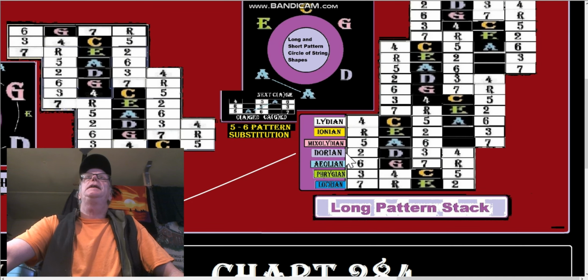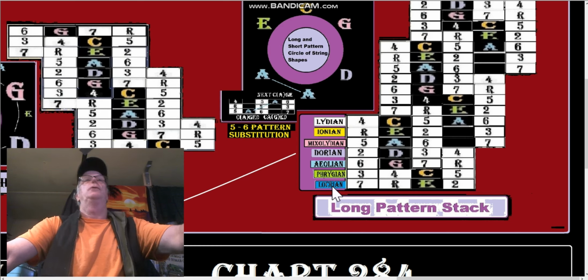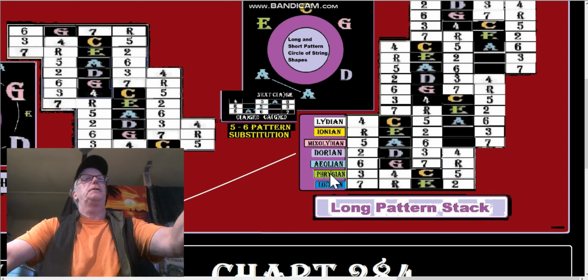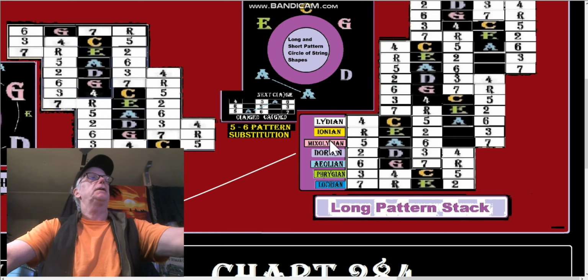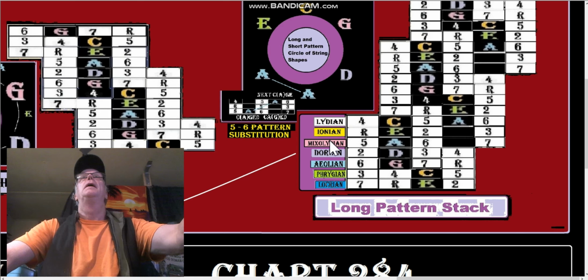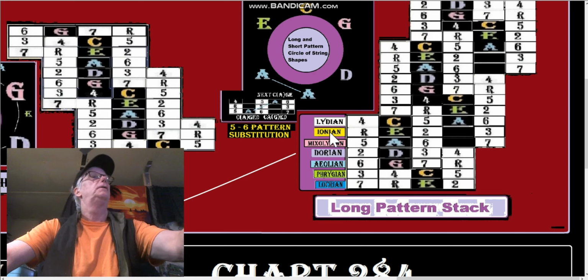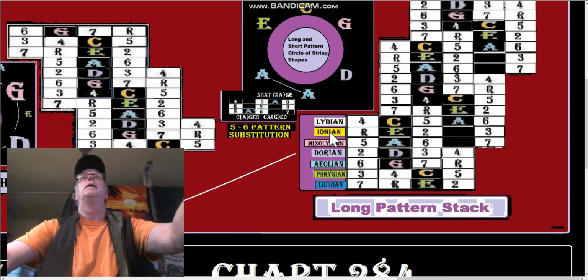If we start any of these modal scales, so Locrian, Phrygian, Aeolian, and now I'm playing all the white keys, so it's in the key of C, Ionian and Lydian.